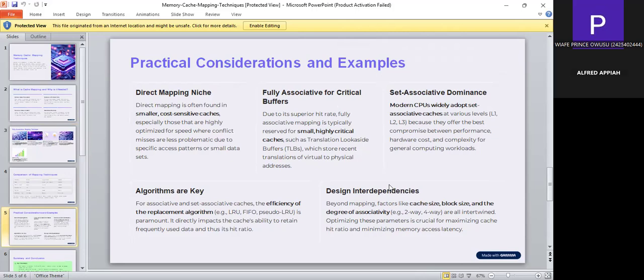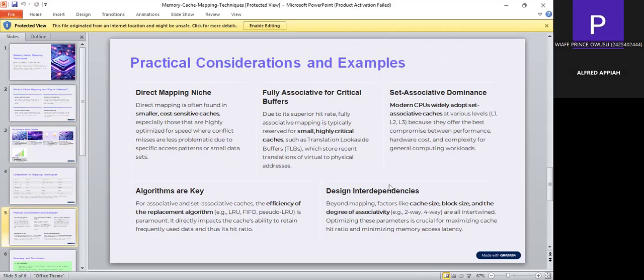Under each, you can clearly see, let's take direct mapping, for example. Direct mapping is often found in smaller cost-sensitive caches, especially those that are highly optimized for speed, where conflict misses are less problematic due to specific access patterns or small data sets.